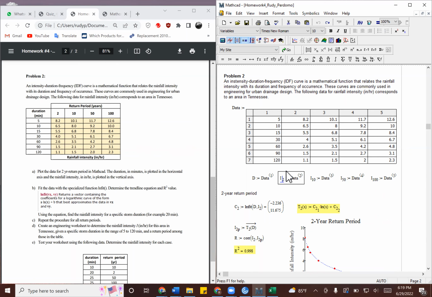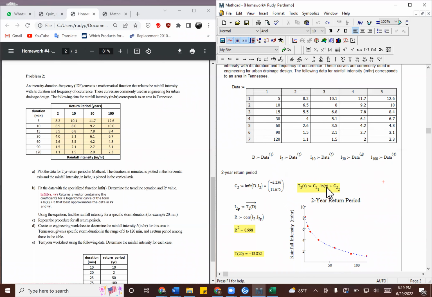So column 2 is our intensity values for our 2-year return period, equal to the second column of this data. Then for 10-year return period, third column, 50-year, fourth column, and 100, fifth column.